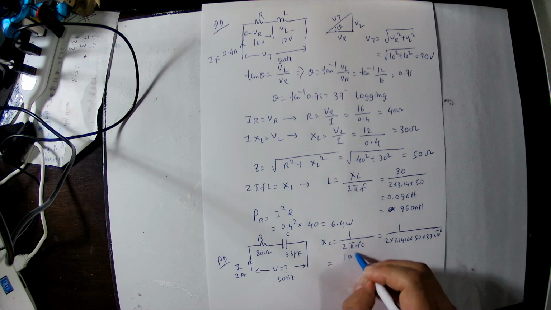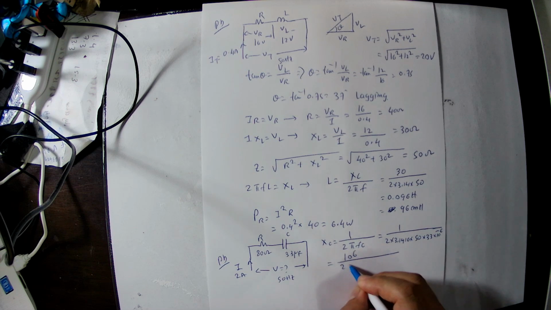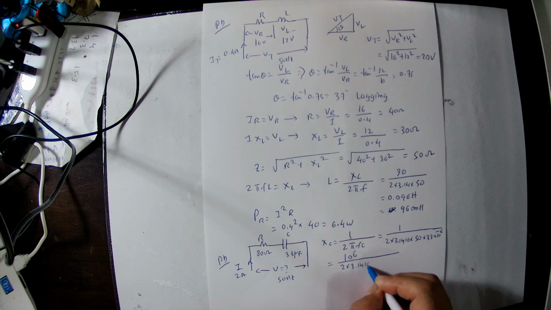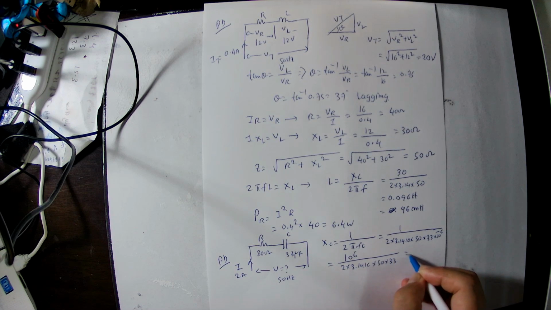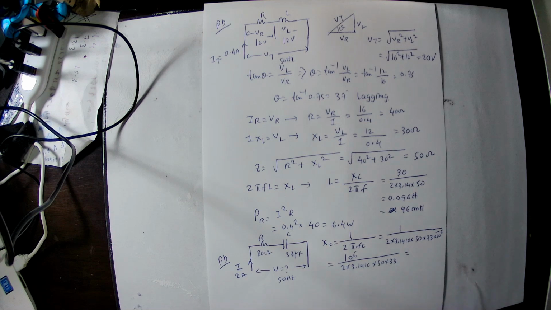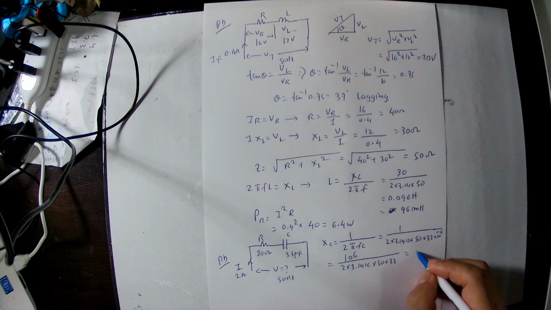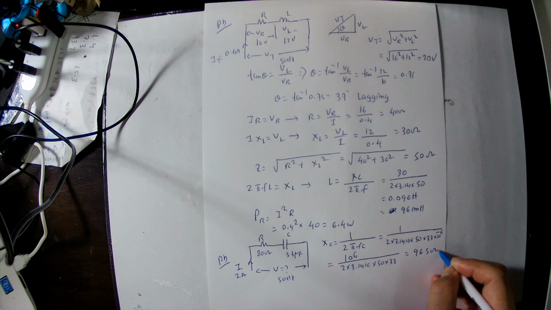So that will be 10 power 6 divided by 2 multiplied by 3.1416 multiplied by 50 multiplied by 33. Then 10 power 6 divided by 314 divided by 33, so we got 96.5 ohm. So capacitor reactance is 96.5 ohm.